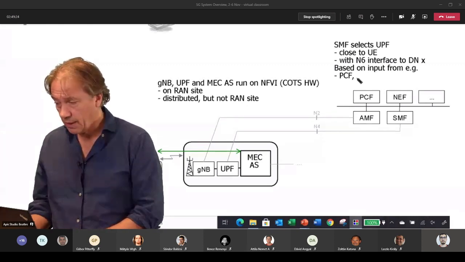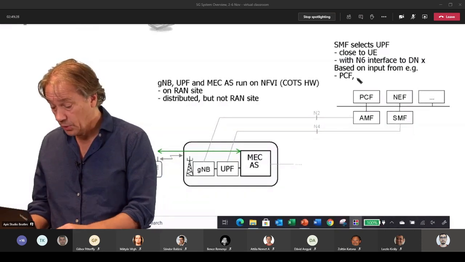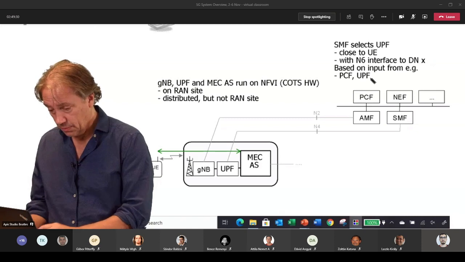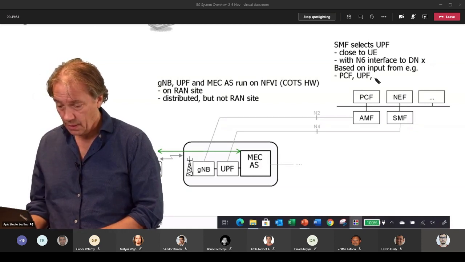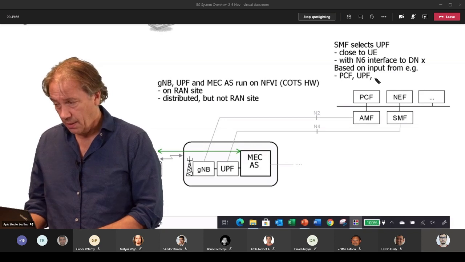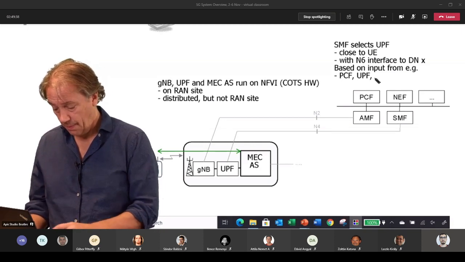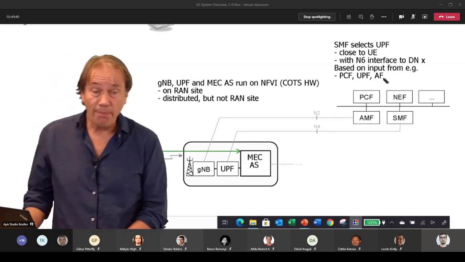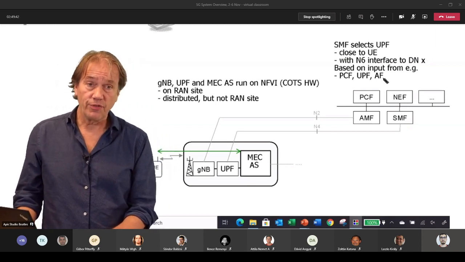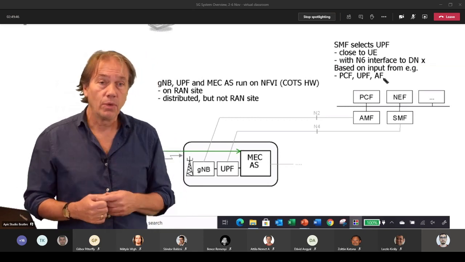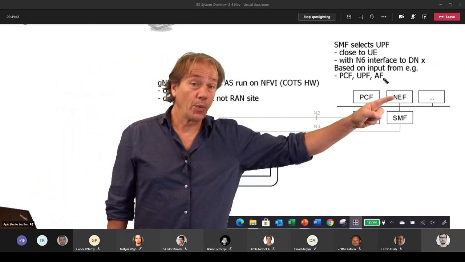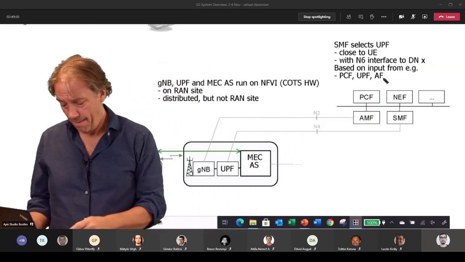It can be from the user plane function. It can be from the application function itself, either directly or via this network exposure function.